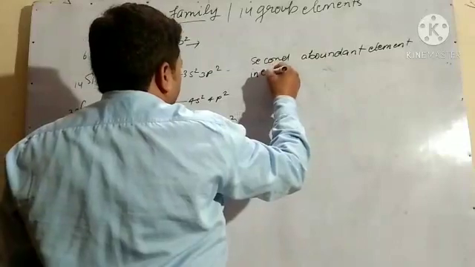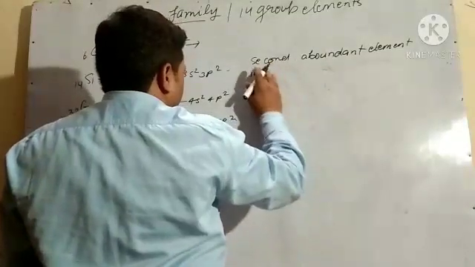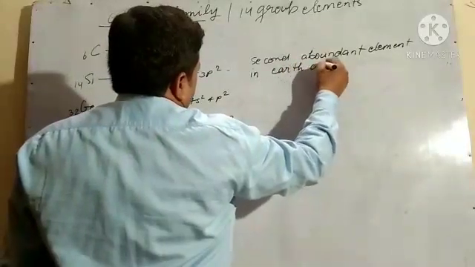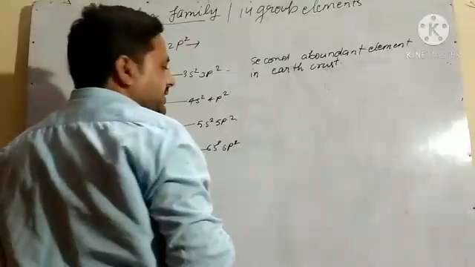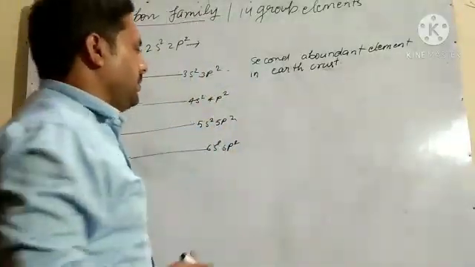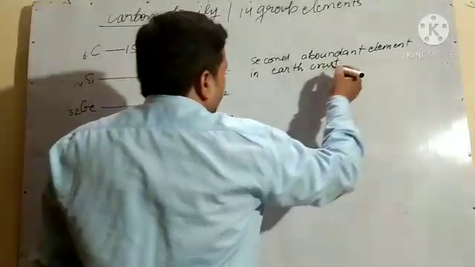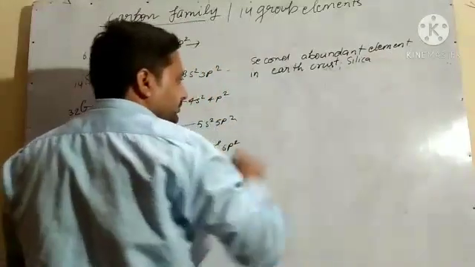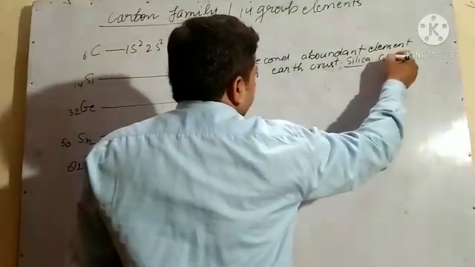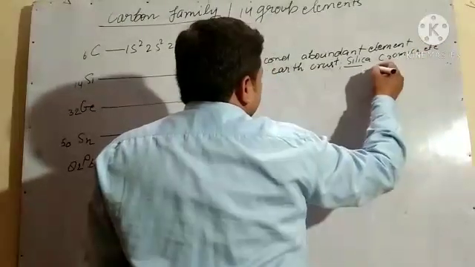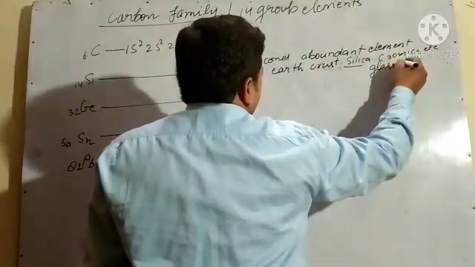In the earth crust, oxygen is found first, and second is silicon. It is found in the form of silica and ceramics, etc., and is used for the formation of glass, etc.